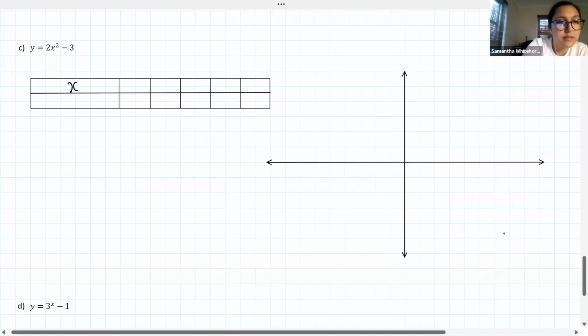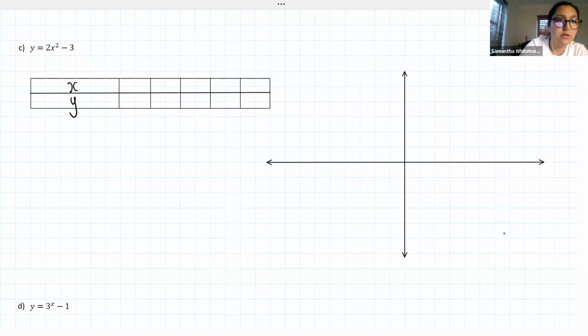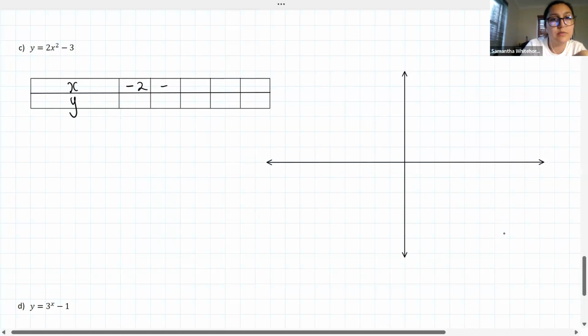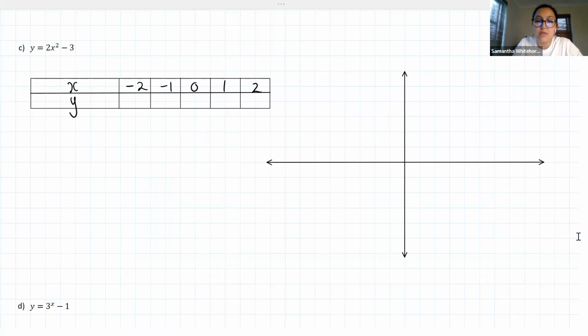So x, y, let's go: -2, -1, 0, 1, 2. So guys, very similar to what we were doing on Monday. And if you don't know what I'm talking about, go and watch Monday's lesson.